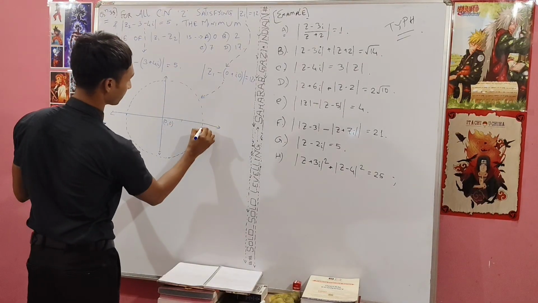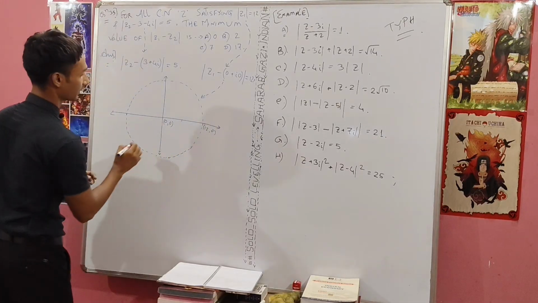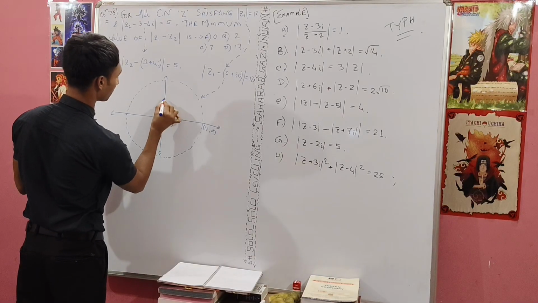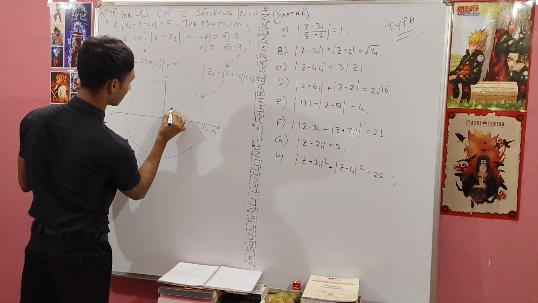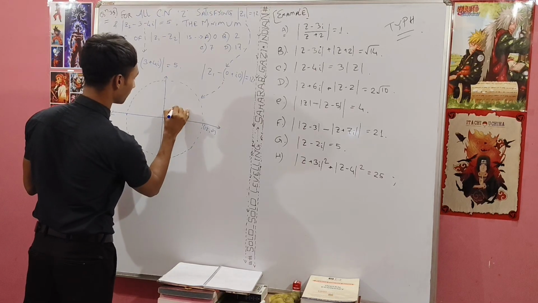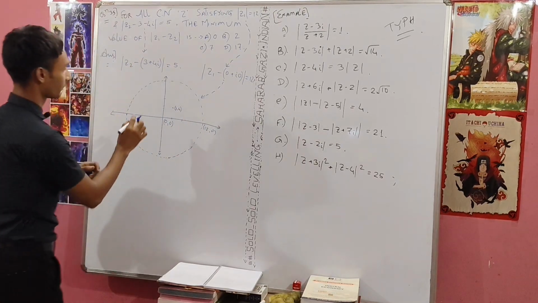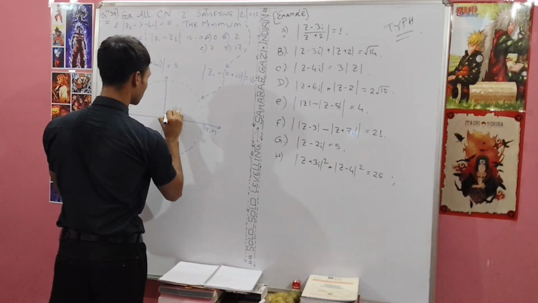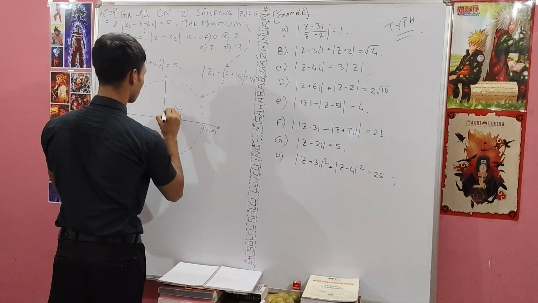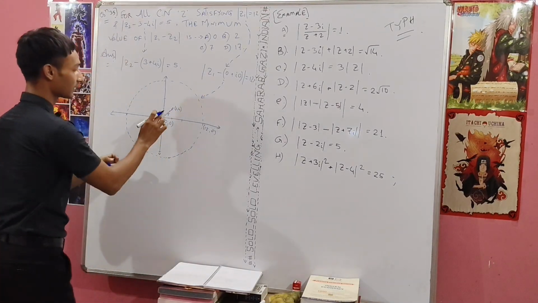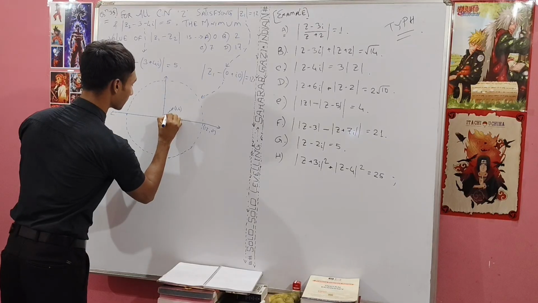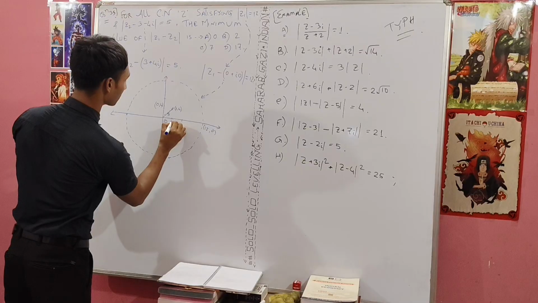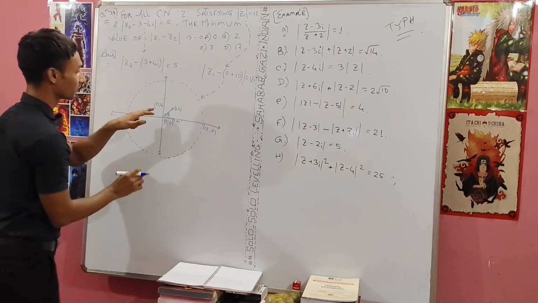This will be 6, 12,0. This will be 3, comma 4. This is also 3, this is 6, then 4. Somewhere here 3,4, center. And this distance is 5 units. This is 0,4, this is 3,0. So this will be 5 units.